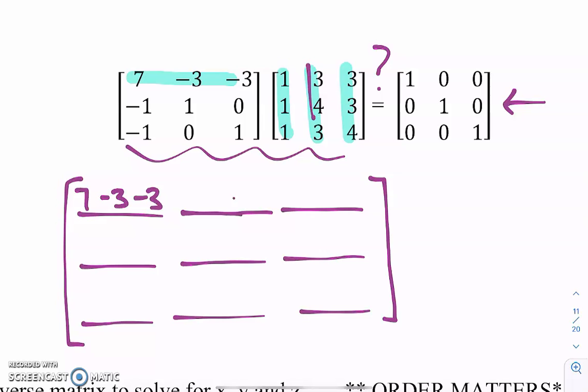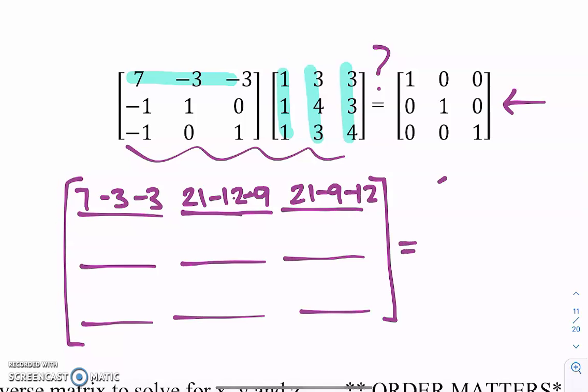And then the next column, 7 times 3 is 21. Negative 3 times 4 is negative 12. Negative 3 times 3 is negative 9. And then your last column, 21, minus 9, minus 12.